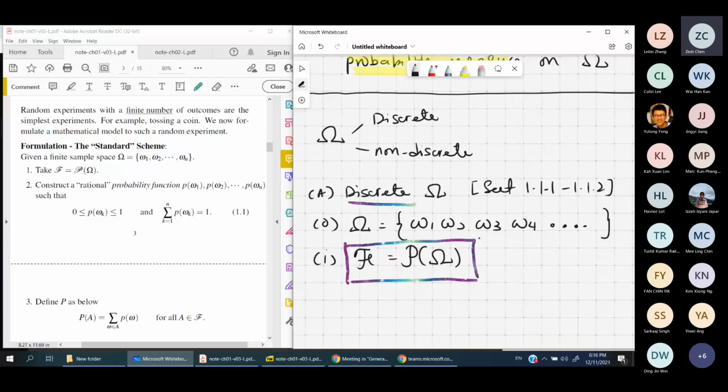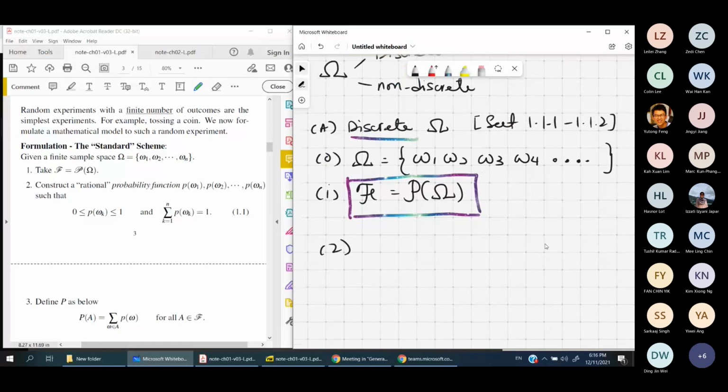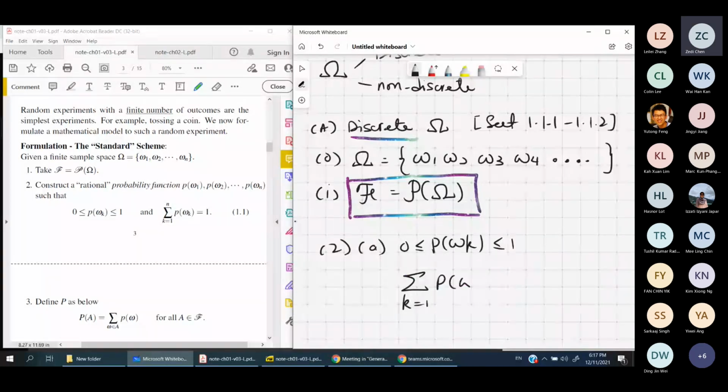Once we have chosen this, next we have step 2. What we can do is, first of all, we construct our P of omega so that it fulfills these two hypotheses. We sum over all the k, running from 1, and this must be 1. So you have to fulfill these two conditions.